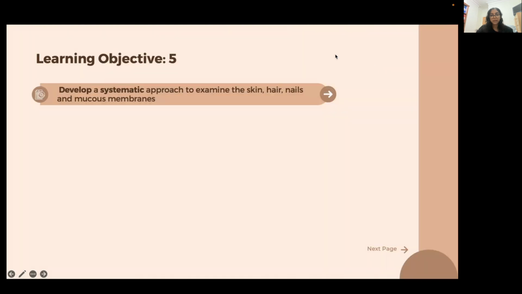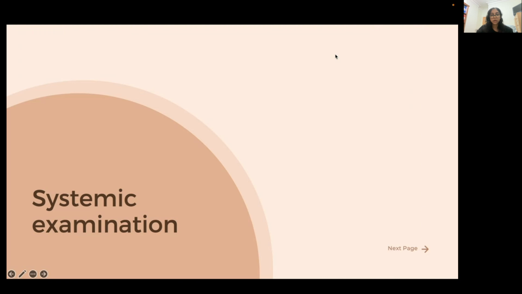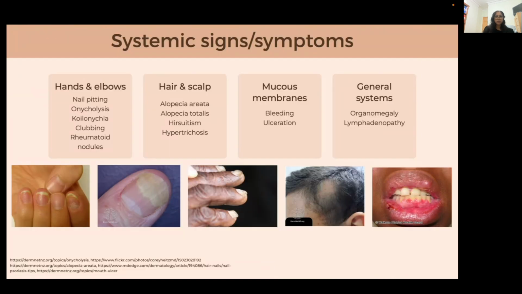Okay, let's keep going. So, cool. Those are the main terms to be aware of when describing skin lesions. And then, like I said, it's important to look at the patient systemically as well. So important areas that we want to look at when doing a dermatology examination are the hands and the elbows.